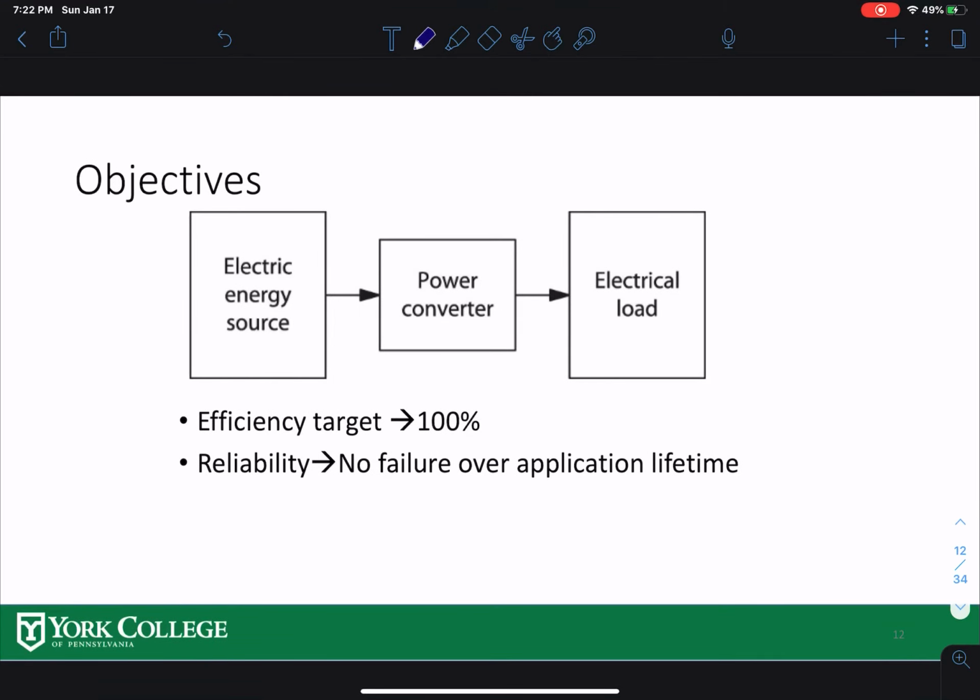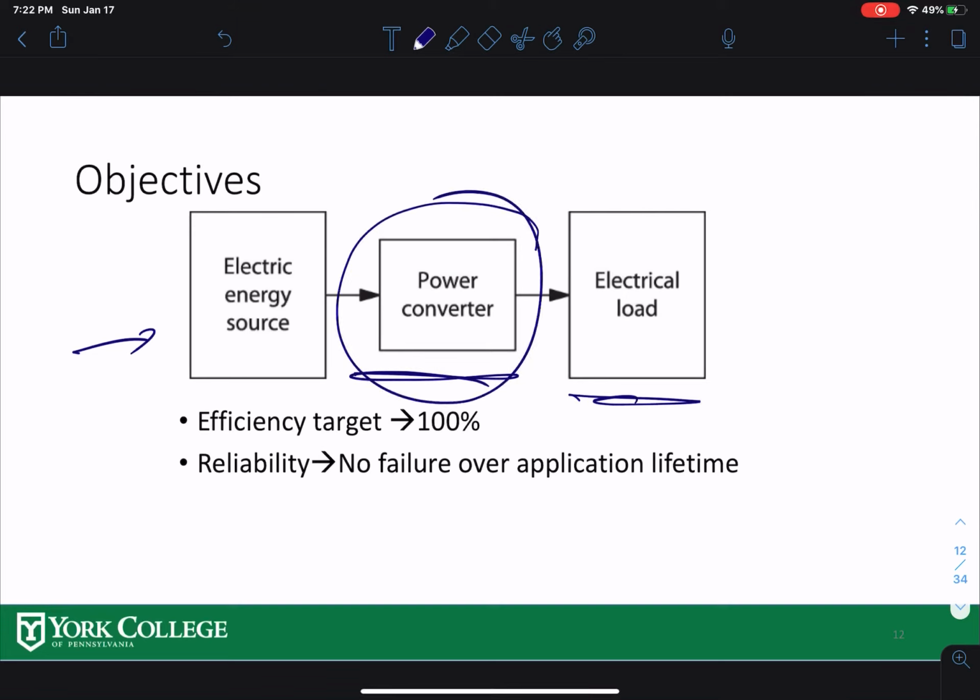So what is power electronics? You have an energy source over here, an electric source. Then you have a power converter here. Then you have a load. So the power electronics right here is basically matching your electric energy source to the load. The goal here is that your efficiency should be 100% or close to it, and it should be failure proof.